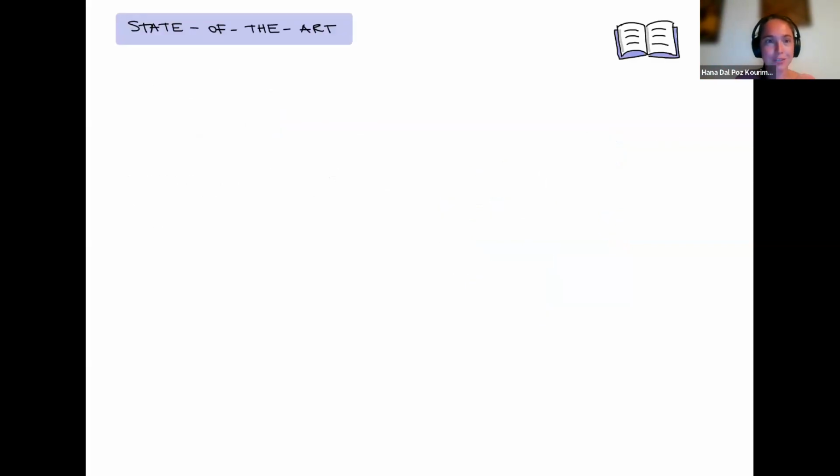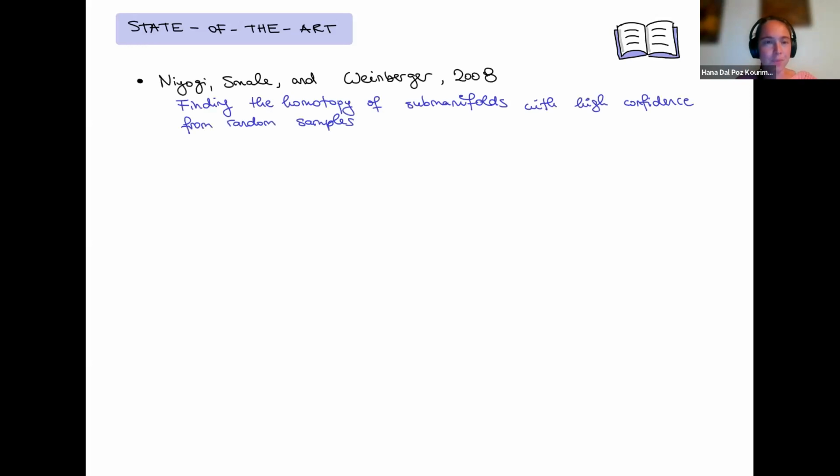Okay, so the state of the art. I mentioned very, very few papers. There are many more out there, but for the sake of time, our paper, as is apparent from the title of the talk, bases heavily on this work of Niyogi, Smale, and Weinberger, where they search for the homotopy of submanifolds from some random samples.